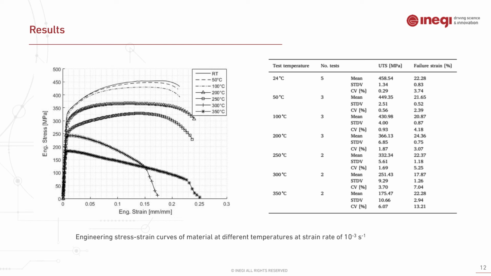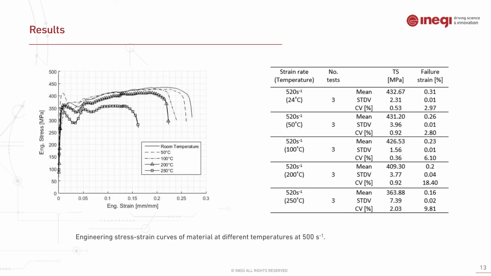You can also see that the profile of the stress strain curve changes for the case of 300 and 350 centigrade, which appears to neutralize the strain hardening mechanism of the material subjected to such an elevated temperature.